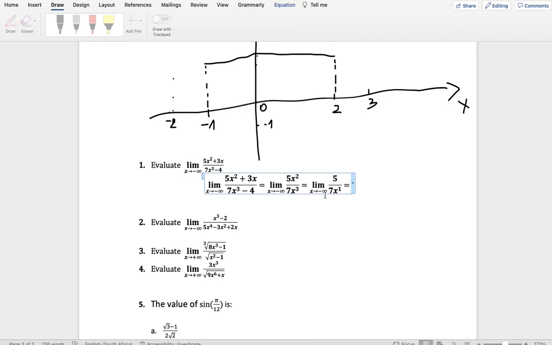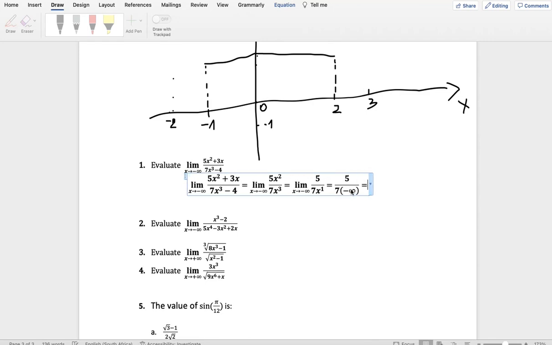And when you plug in minus infinity now, what you have is 5 divided by 7 multiplied by minus infinity, which is basically just 5 divided by minus infinity.